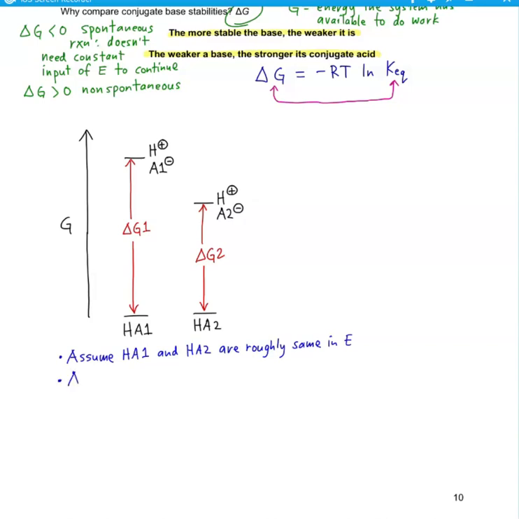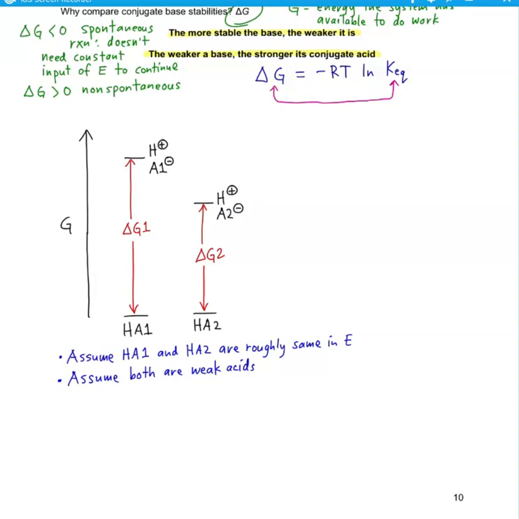The second assumption that we're going to make is to assume that both of them are weak acids. What that means is that their dissociations are relatively unfavorable. And what we can see is that their conjugate bases are higher in energy.